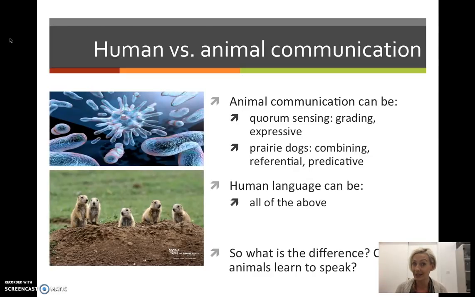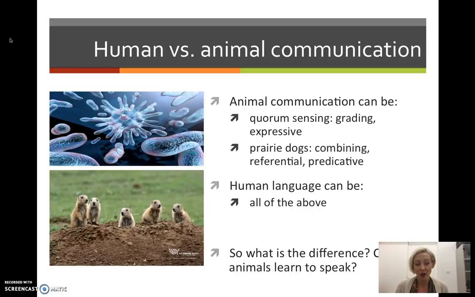And finally, we know that prairie dogs can talk about how things are. So not just saying human, but they can say, oh, human with a gun or human without a gun, because this is important to them. So they can talk about some property of the thing they're talking about. So that system is also predicative.